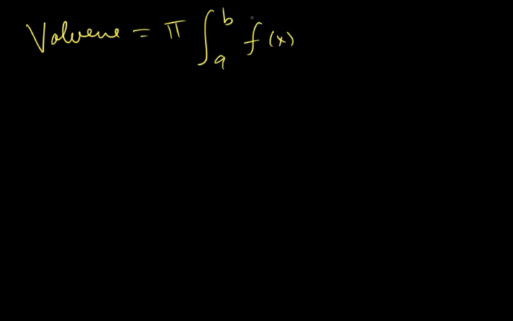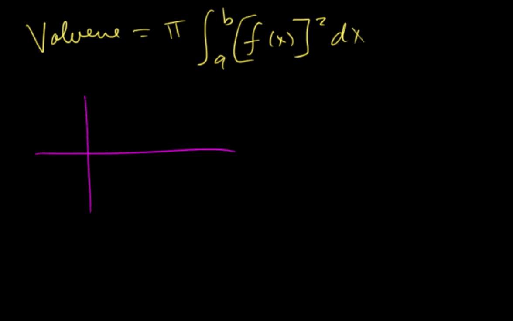And so the volume of a revolution is equal to pi integral from a to b of f of x quantity squared dx. Now what this is like visually is we have, let's say, this function that just looks something like this.